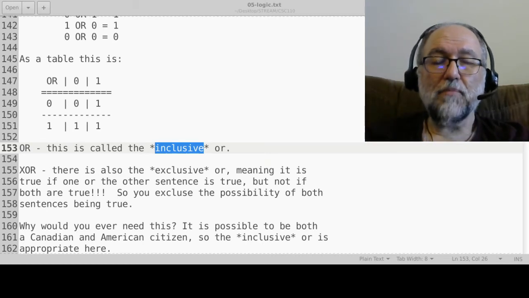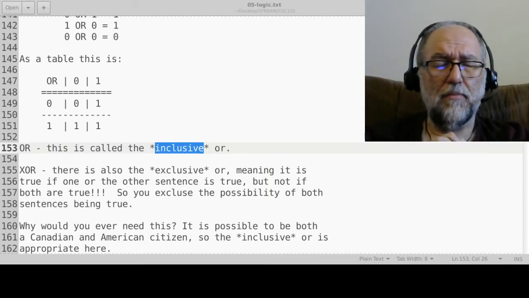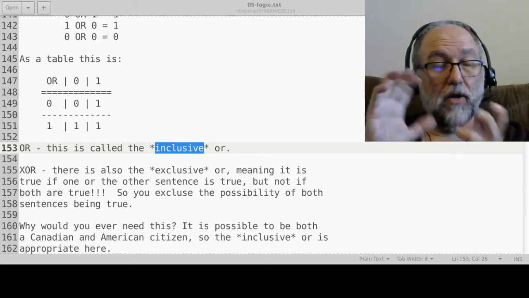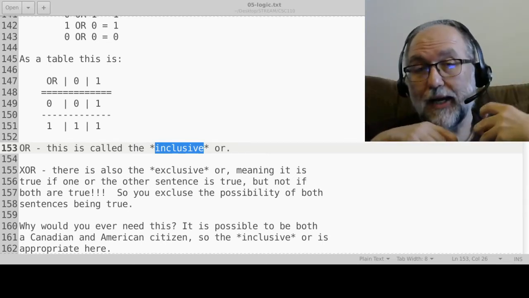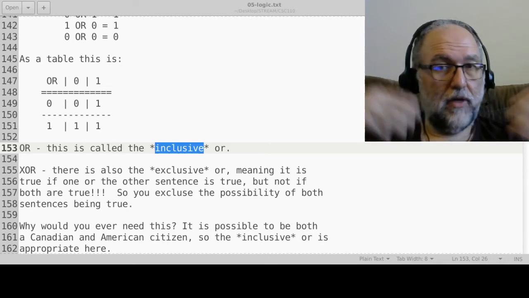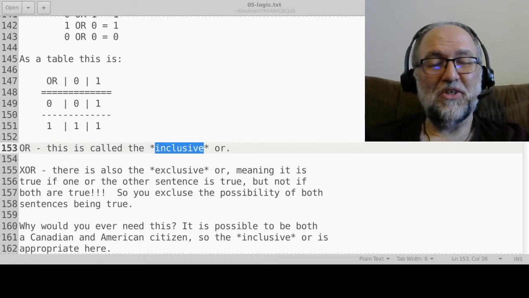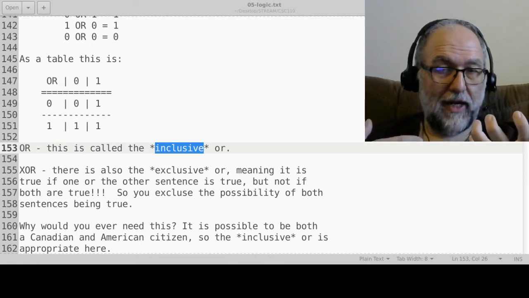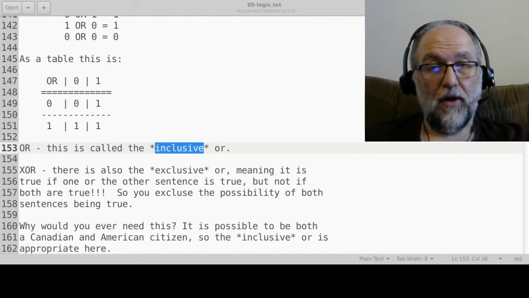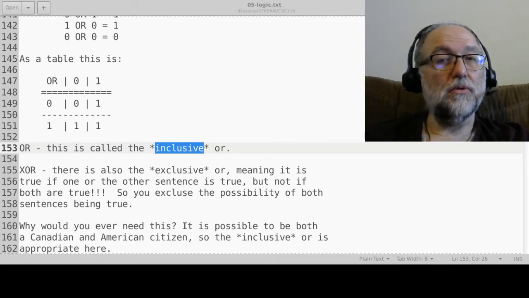An example of that: Canadian and American citizenship are not mutually exclusive, which means you can be Canadian or not Canadian, and American or not American, independently of one another. Incidentally, that's not true of all citizenships in the world, but because Canada and the U.S. are on such friendly terms, it is possible to retain your Canadian citizenship when you become an American citizen, and so you can be both.